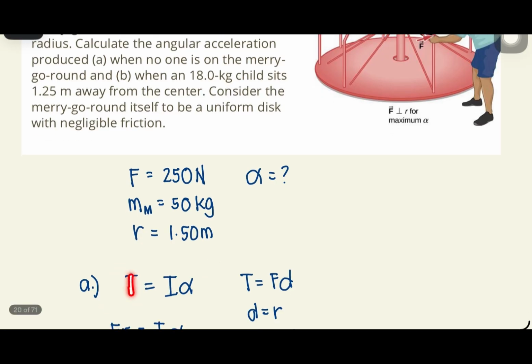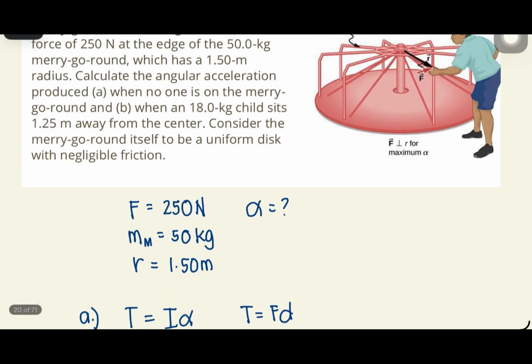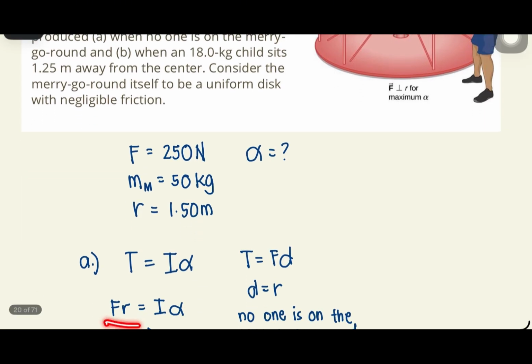So we can substitute torque equals F times d, where d is also equal to the radius. Kasi kung makita mo, yung force applied, ang location niya from the axis of rotation is equal to radius. So here is our new equation: F r is equal to I times alpha.